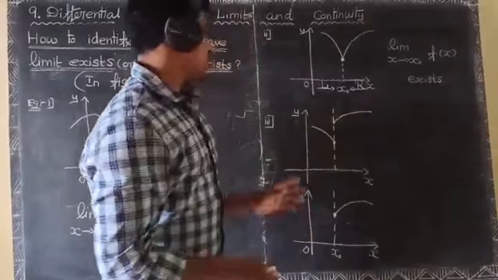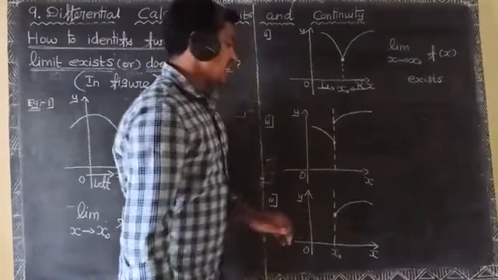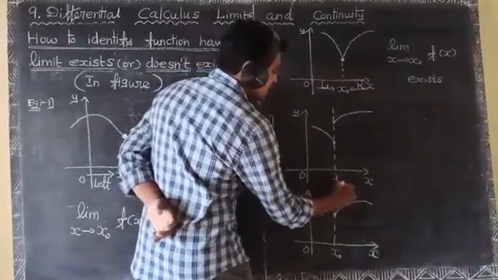Now we take the third one. Here is the x axis, y axis, this is the origin, and this is x naught, a particular point.